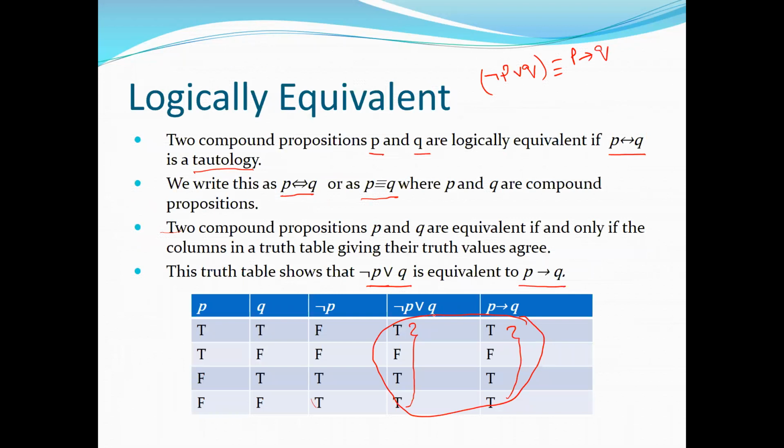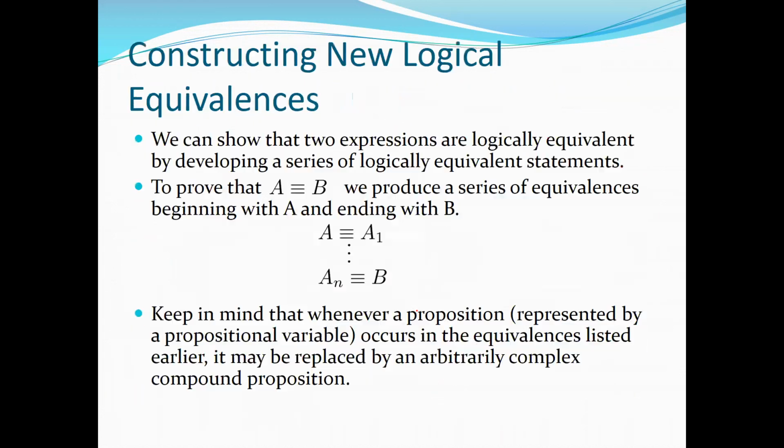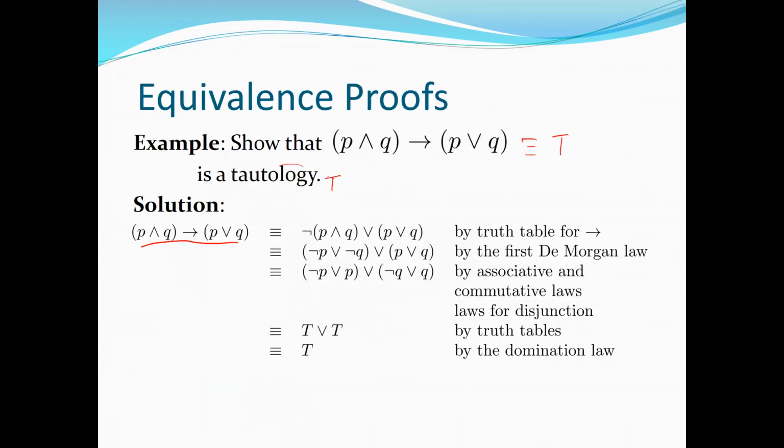So basically we proved here not P or Q is equivalent to P implies Q. If P implies Q, this is equivalent to not P or Q. Means convert this P with the negation, and we can take Q as it is with the or operator. So if I consider this whole as a P, this whole as a Q, this whole will get the negation. This symbol will convert it into the or operator. This will remain the same.